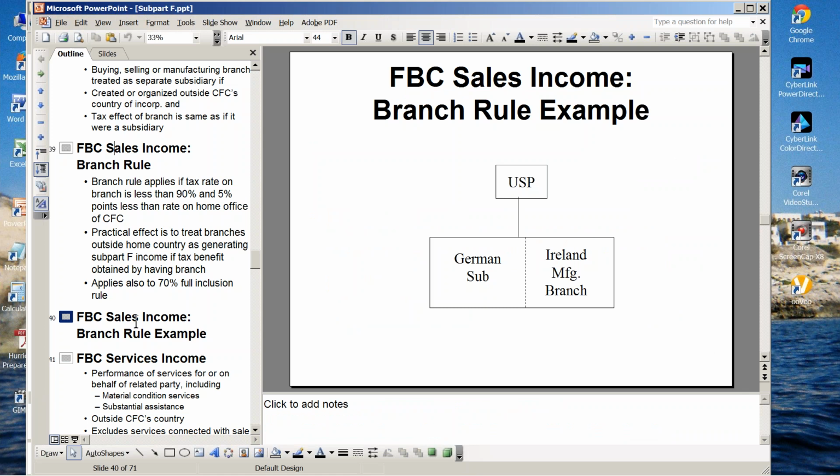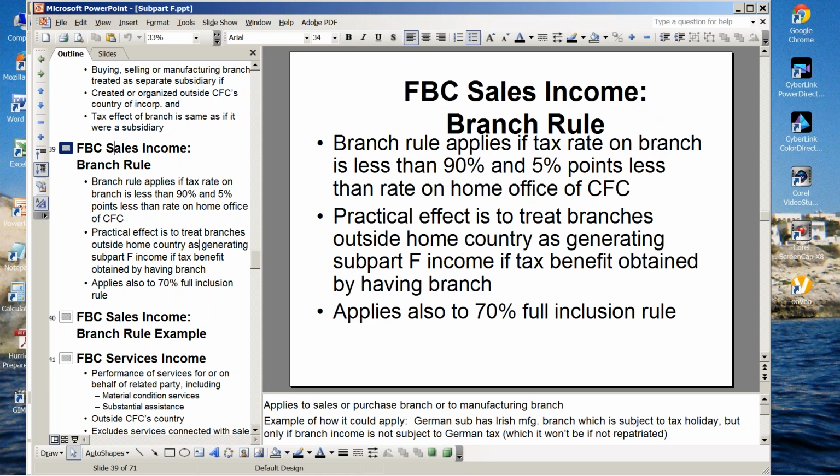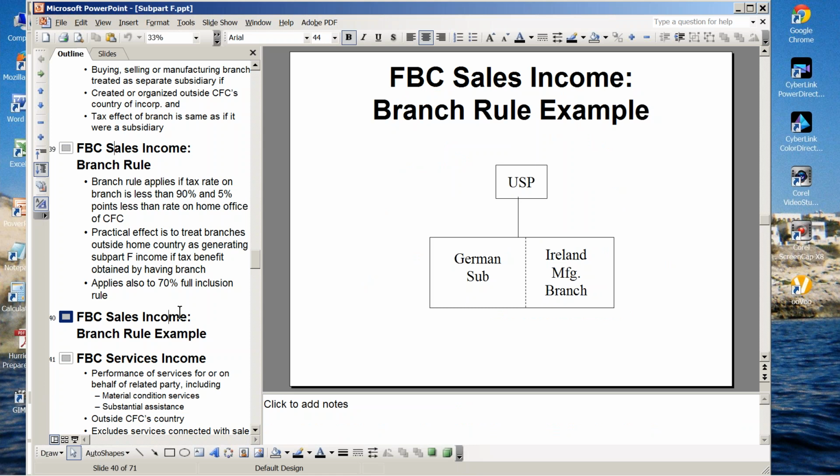Now, what's the effect of the branch rule? Well, the effect is to treat the branch as a separate subsidiary, and by doing so, there may be these deemed foreign-based company sales income transactions. Let's say Ireland is manufacturing the goods and then Germany is selling the goods. So Germany is buying goods from Ireland and selling them.